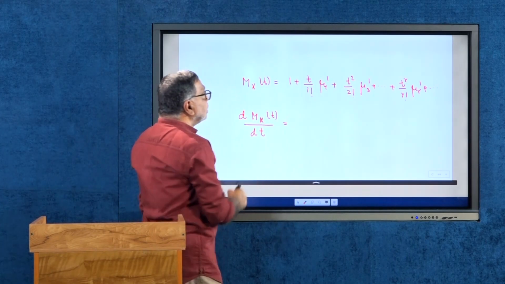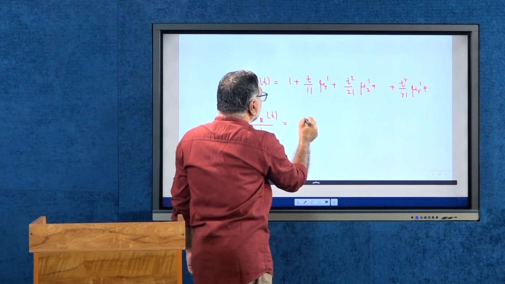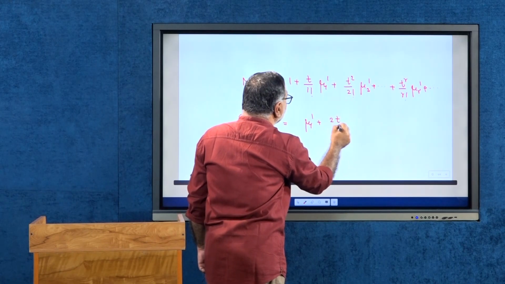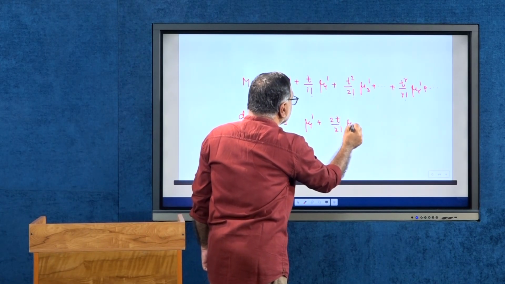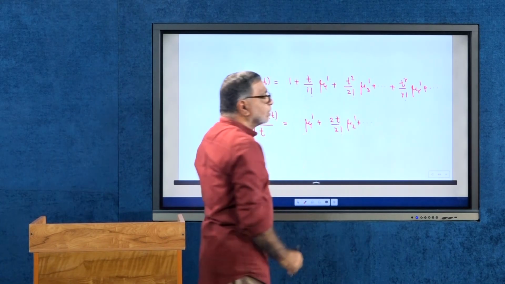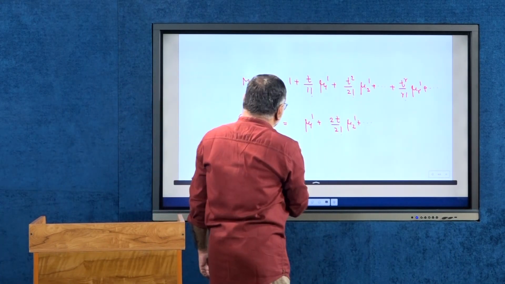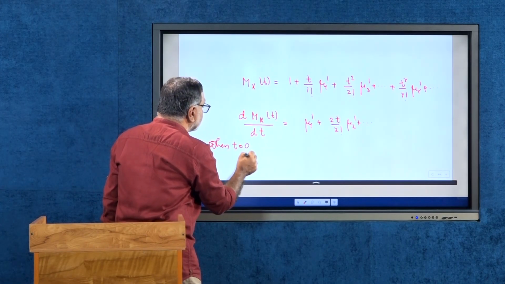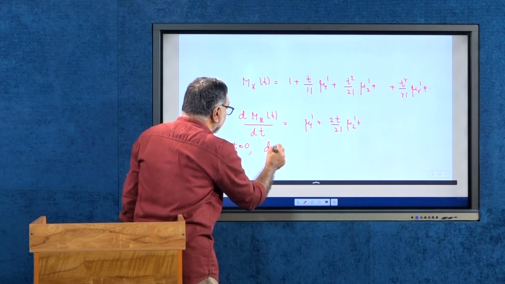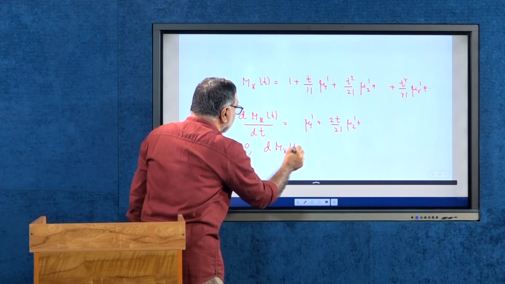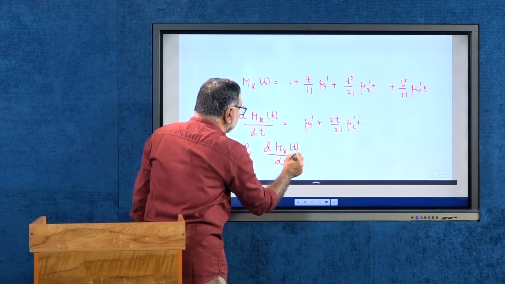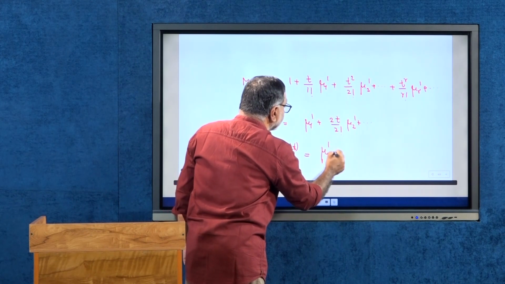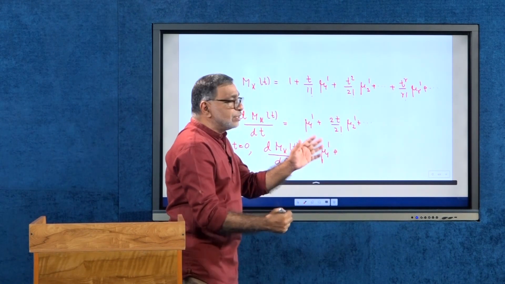You can see this is equal to mu 1 dash plus 2t divided by 2 factorial mu 2 dash plus etc. So, when you put t equal to 0 in this expression, that is the derivative of the moment generating function when t is equal to 0, this value is equal to mu 1 dash plus all other terms consisting of t factors.